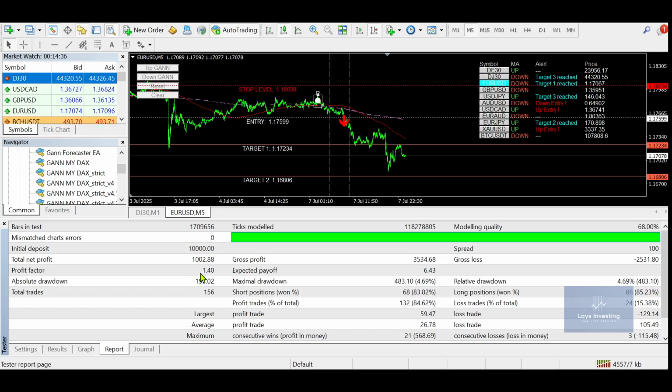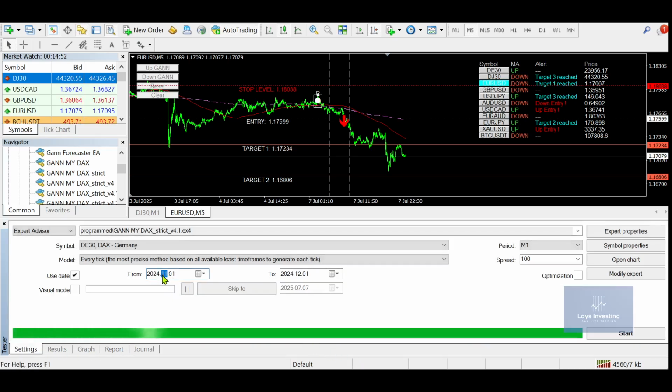Profit factor 1.4, drawdown less than 5%. So December, there are a lot of holidays, so almost no trading after the second week of December.